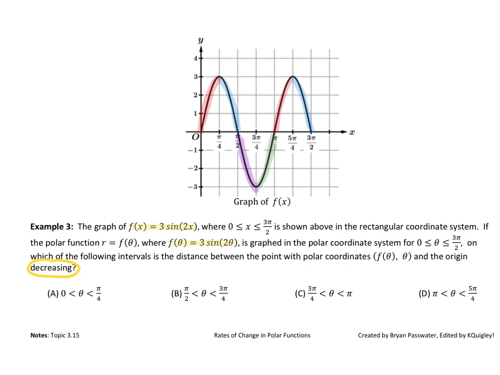So we need to look at these different intervals. For interval letter A, between 0 and pi over 4. That means I'm looking between 0 and pi over 4. Is this section, is the distance between the midline and the function getting smaller? Is it decreasing? Are they getting closer together? No, they're getting further apart. That's wrong.